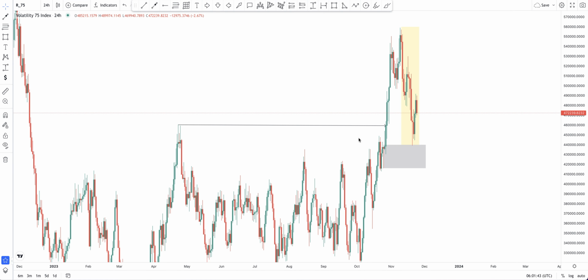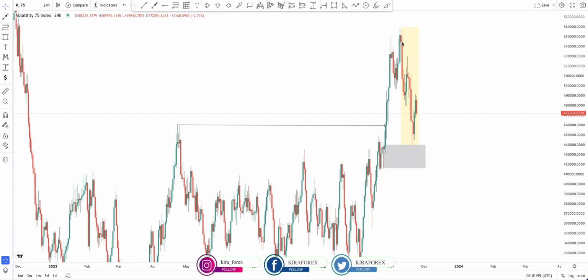So our demand zone on the 24-hour time frame has broken the previous lower high at this point. As you can see, we've broken the previous lower high and our trend has fully changed from this side. So what we'll be expecting is for price to come back to that demand zone and continue buying.